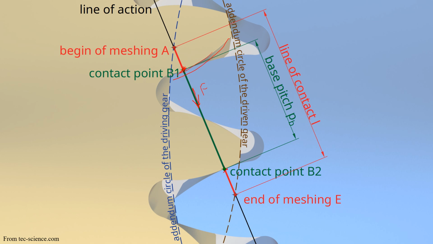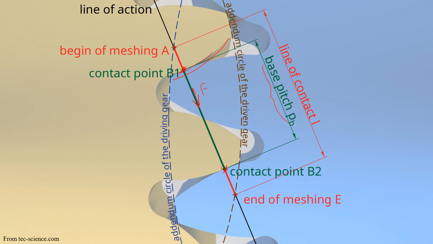So it would be advisable to have another point of contact made on the other side, so that you have an effective way of force transmission from one gear to the other. And the engagement on one side and the point which is going to be disengaged on the other side, the distance between the two is going to be called the base pitch.